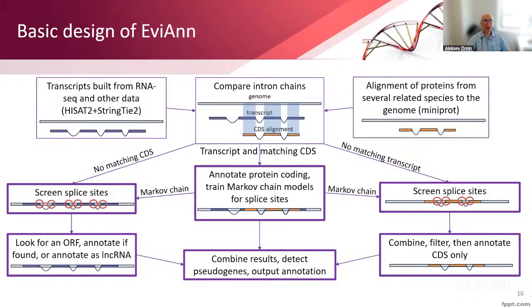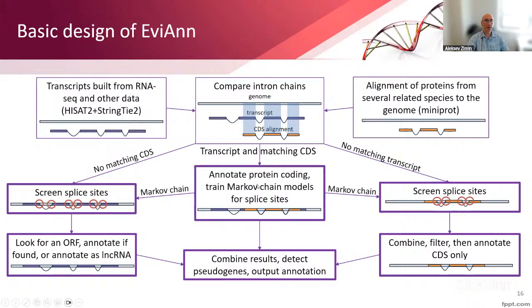However, you get very few of such alignments, less than half actually of transcripts and CDSs match like this. So these are easy examples, and we use them to train a Markov chain model to recognize splice sites, because we are very confident, and from our experience, we know that for these transcripts confirmed by proteins, the quality of their intron junctions is around 99.8%.